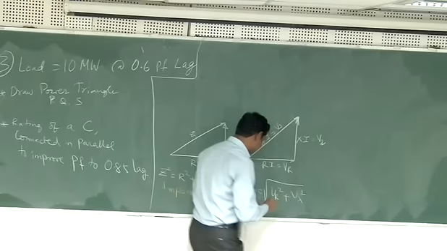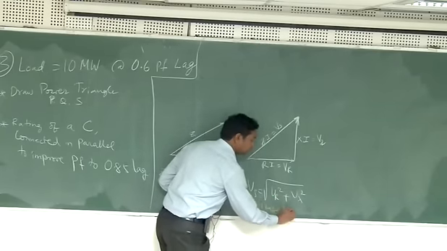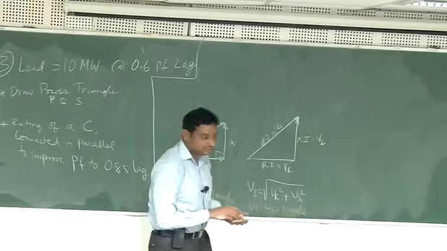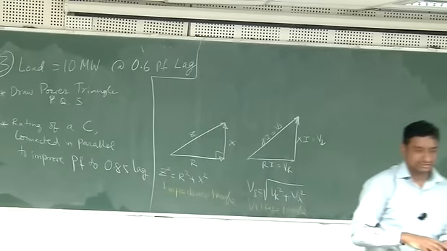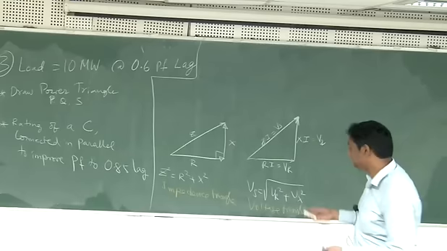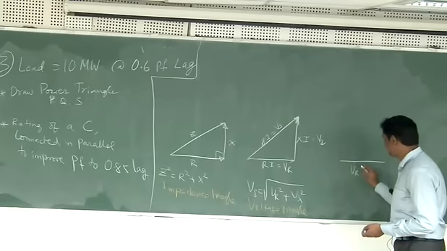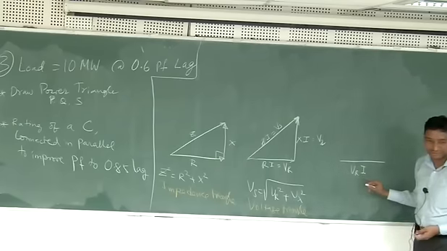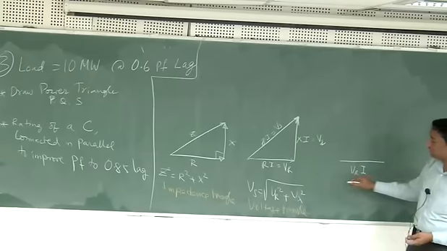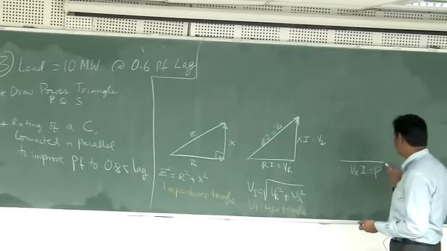This is called the voltage triangle. Then again, you can do the same thing because the same current is flowing in all three. So multiply by current again, and you get VR multiplied by I, or I squared into R, which is your actual P, the active power.